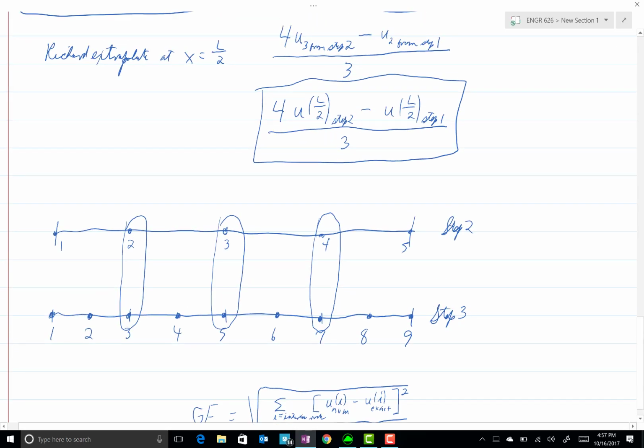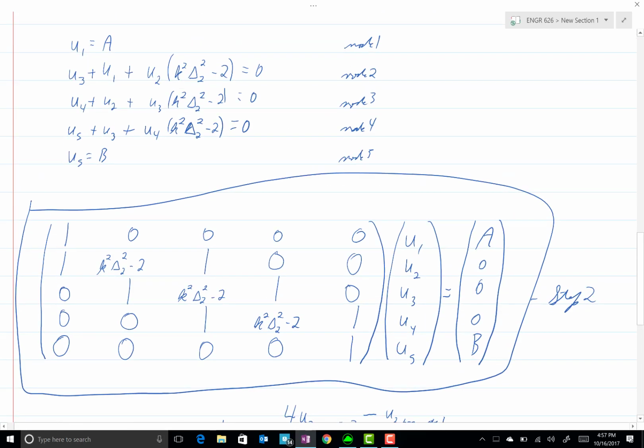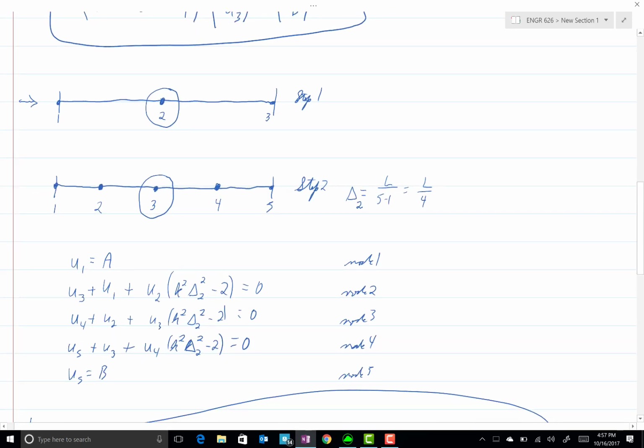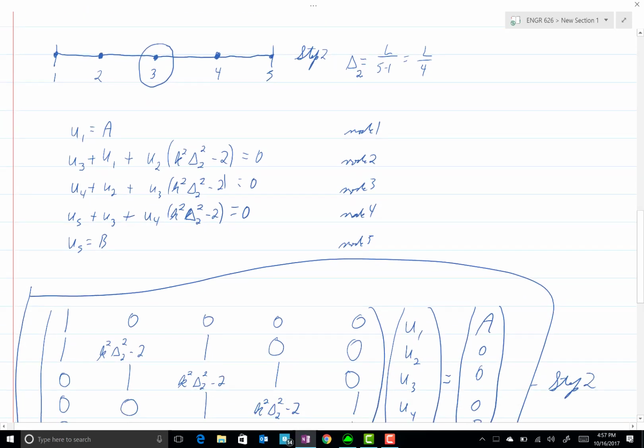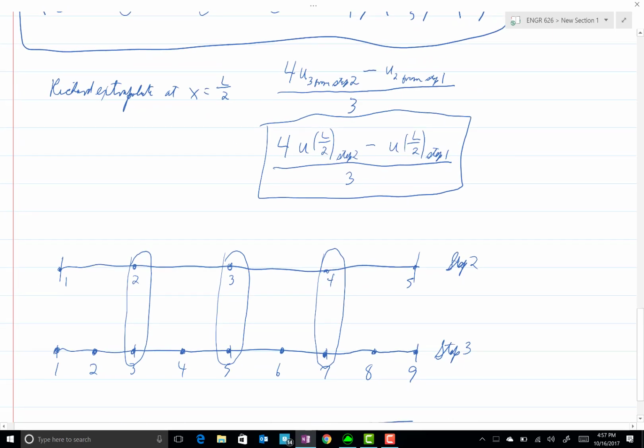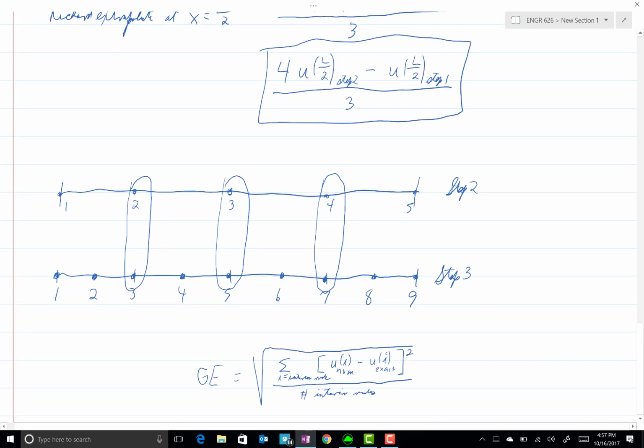So, for the first step, you only had the Richardson extrapolate at that midpoint, so the global error there is equal to the error at just that one point. But when you go to the next step, we have 3 points in the Richardson extrapolate, so we would need to sum over those 3 points.